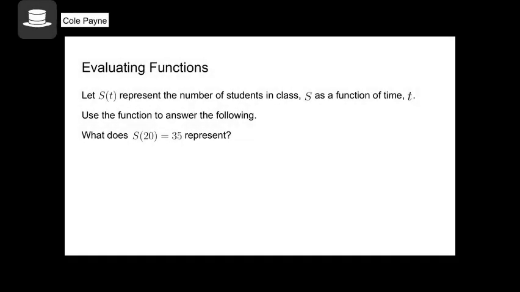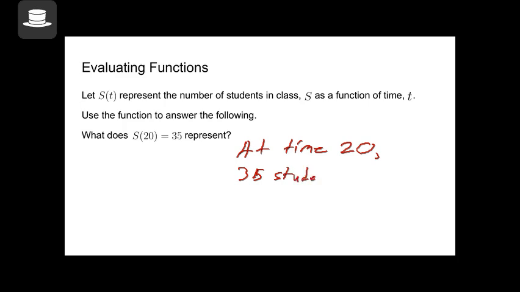All right, so to talk about evaluating functions, let S of t represent the number of students in class, and S is a function of time t. So what is S of 20 equal 35? What does that really represent? So what I'm saying here is that at time 20, there were 35 students in class.